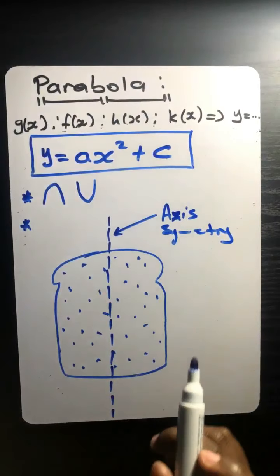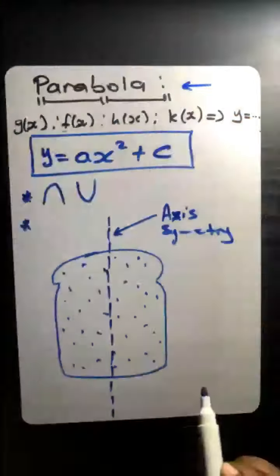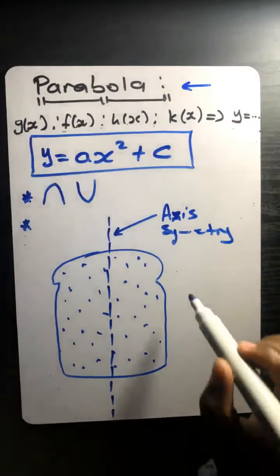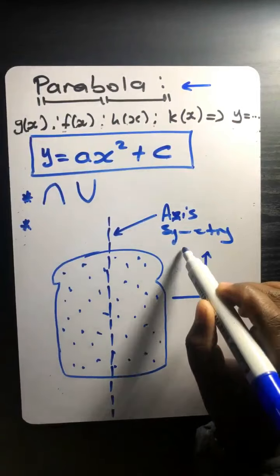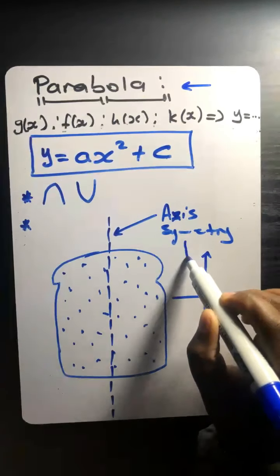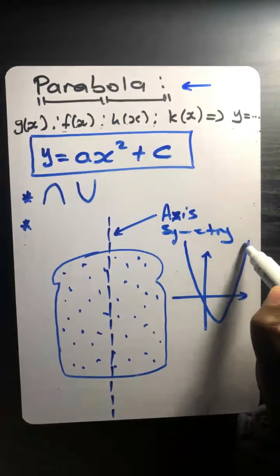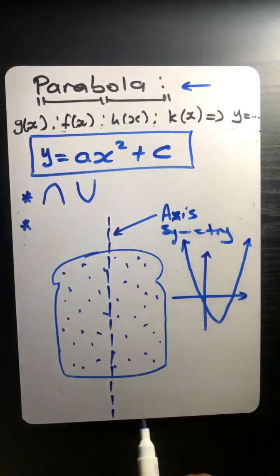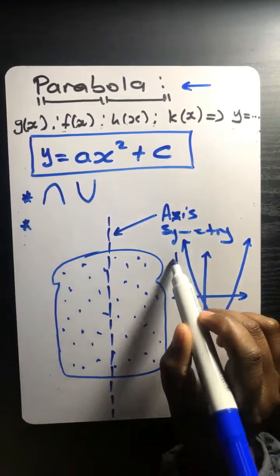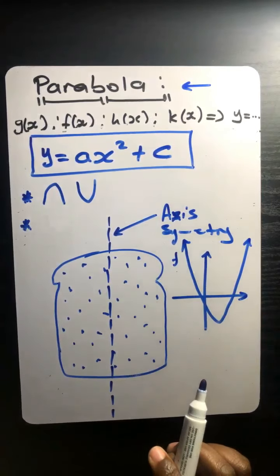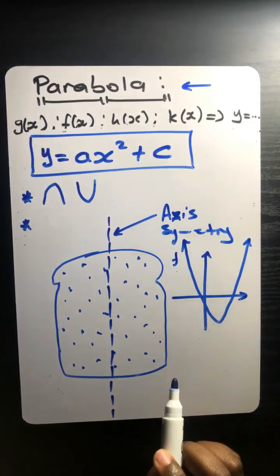But because now we are dealing with a type of function called a parabola, if we have a Cartesian plane over there and we have a parabola, something similar to that, good people, where will the axis of symmetry be? It has to cut that function f into two equal halves.